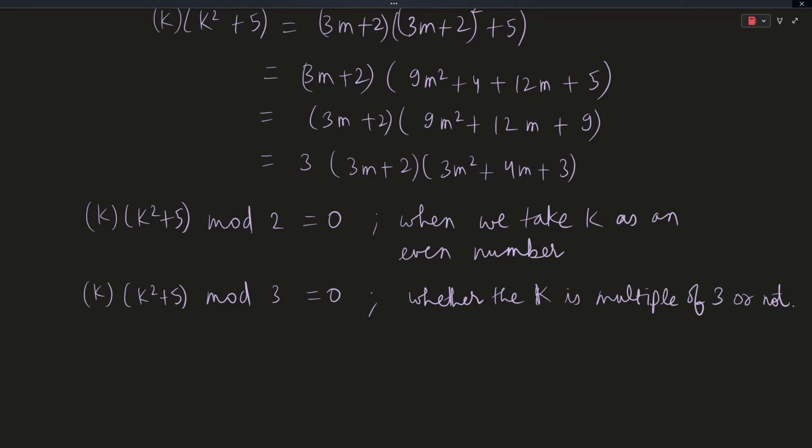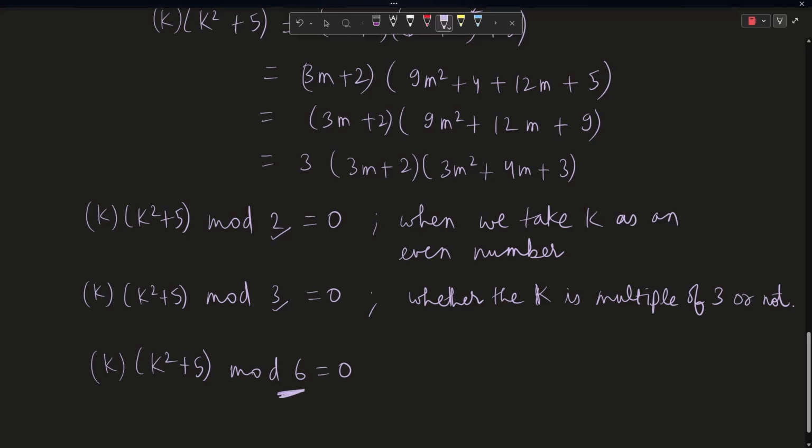In both the cases, mod 3 is equal to 0, and mod 2 is also equal to 0. So I can say that 2 and 3 being co-prime numbers, k into k square plus 5 mod 6 will also be equal to 0, as the number is divisible by 2 and by 3, so it will also be divisible by 6.